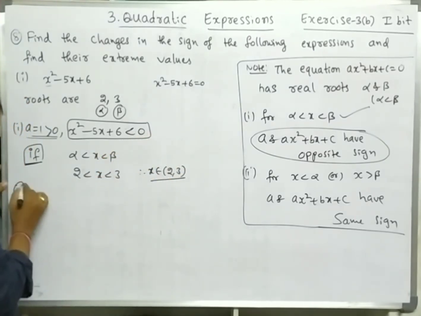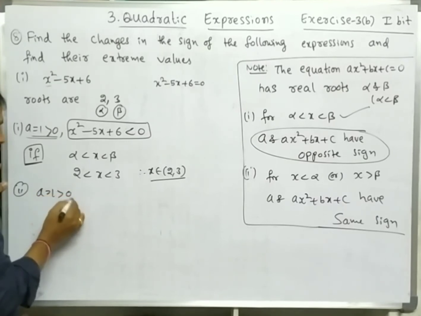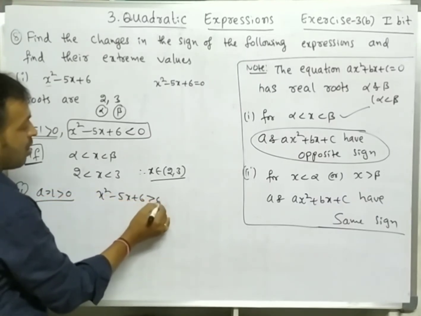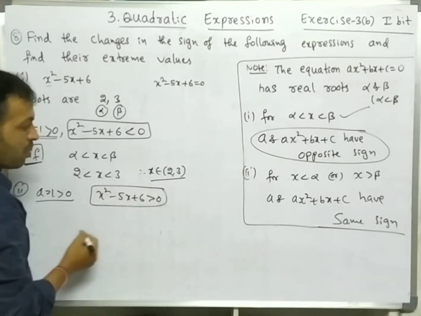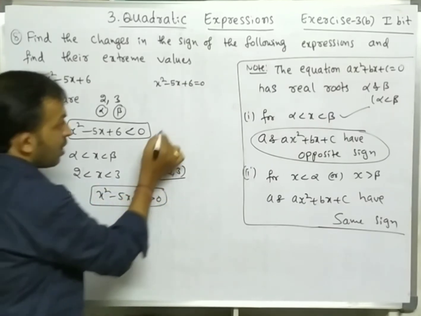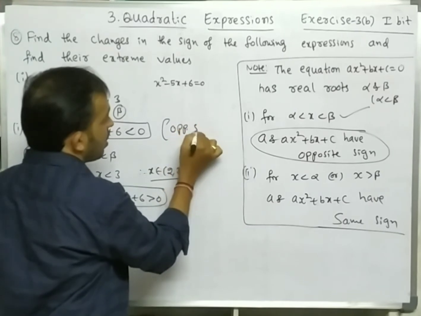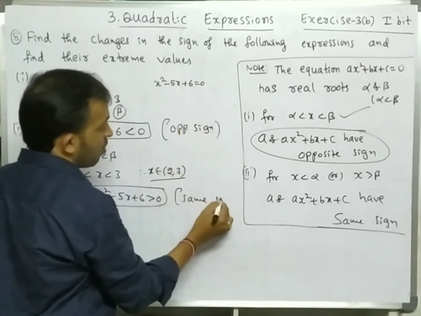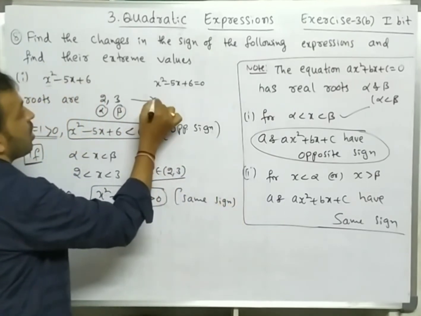And the second one, a is positive and the quadratic expression x square minus 5x plus 6 is also positive. Here both have the same sign, with real roots.